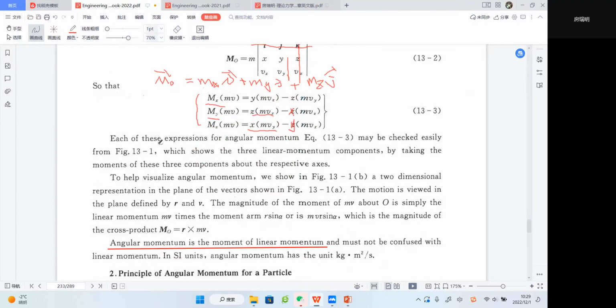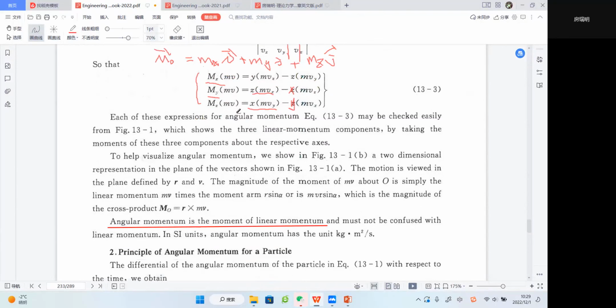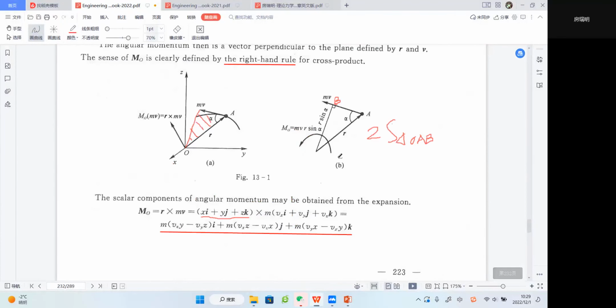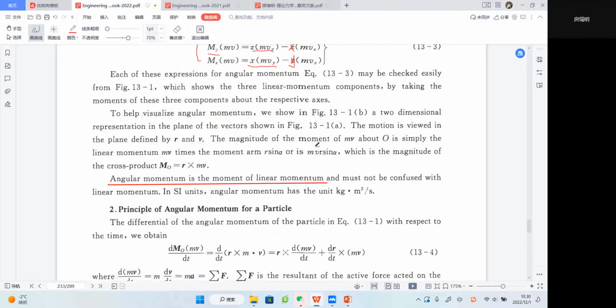Each of these expressions for angular momentum may be checked easily from figure 31, which shows the three linear momentum components, by taking the moments of these three components about the respective axes. That's what I just said, right? To help visualize angular momentum, the motion is viewed in the plane defined by r and v.